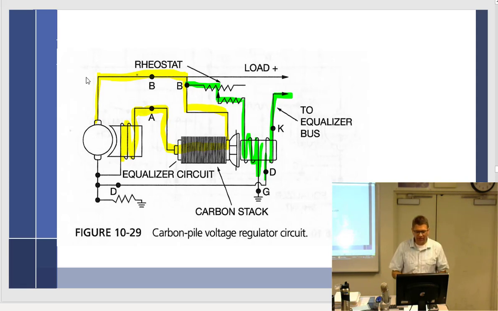As the voltage increases, I've got to add resistance. So yes, it'll pull it apart, increasing the resistance, which will then kill off some of the current going to the field coils here, which decreases the generator, decreases this, lets the stack relax, and it's a vibrator too.